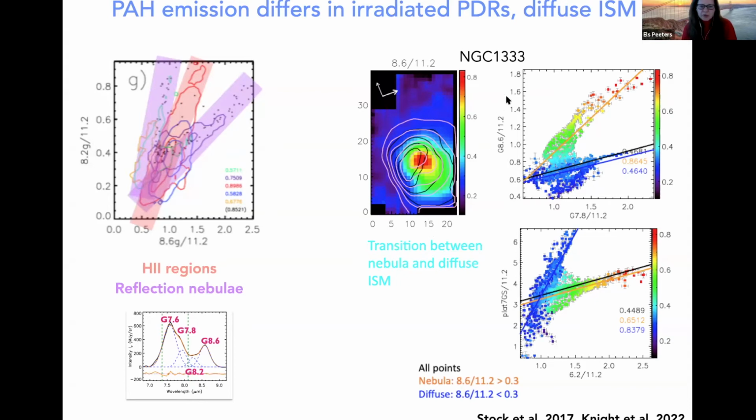The same happens if you look at the reflection nebula and you compare the area where you have very strong emission of PAHs to the surrounding ISM. Depending on which features you take, normalized on 11.2 to get rid of the strength of the PAH emission, you can see that here as well, you find different types of correlations depending on whether you are in an irradiated PDR or in the surrounding ISM.